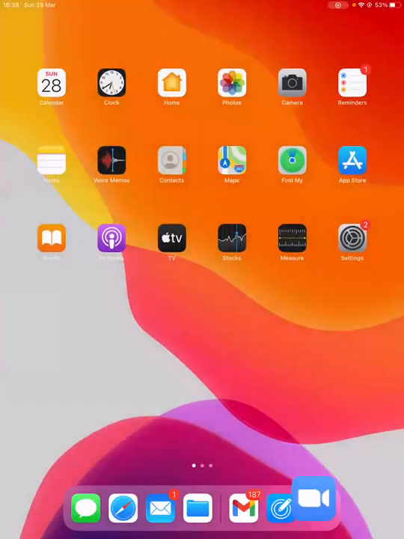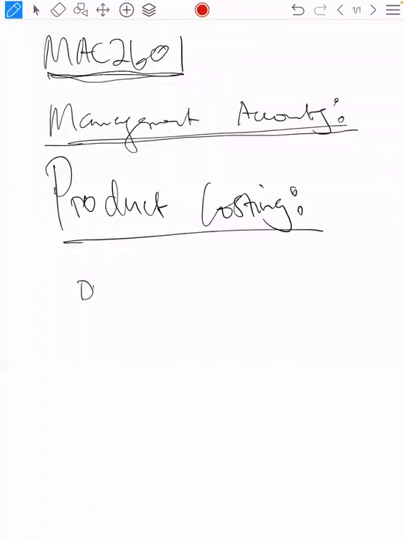For instance, if I say calculate the cost of making the pen that you are holding, you have to pull together direct material, direct labor, and manufacturing overheads.